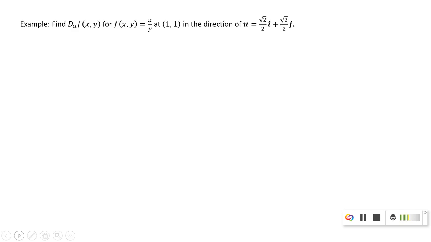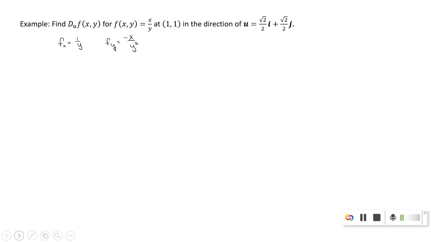All right, so here's my first example. We are going to find the directional derivative of function f, x divided by y, at the point 1, 1 in the direction of vector u, where I'm defining u to be root 2 over 2 i plus root 2 over 2 j.